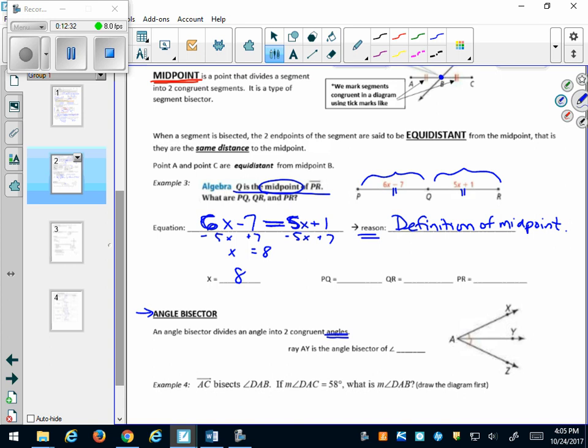When we plug that back in for PQ, 6 times 8 minus 7, you're going to get 41. And then you plug in 5 times 8 plus 1, you're going to get 41. And then for PR, if this is 41 and this is 41, the whole thing is 41 plus 41, or 82.